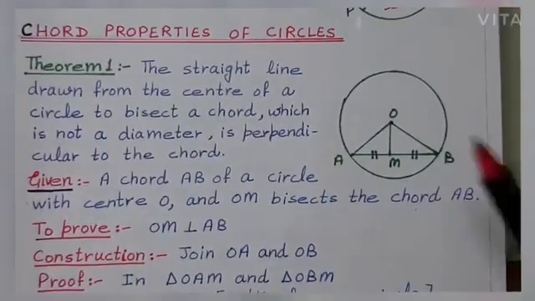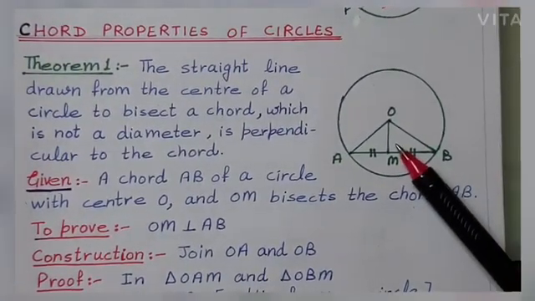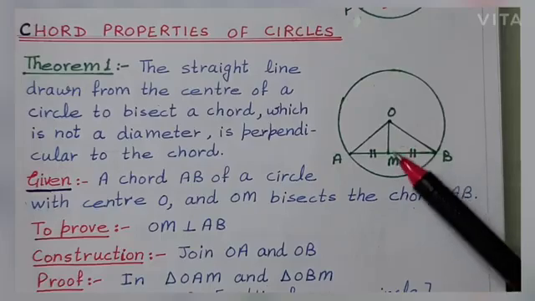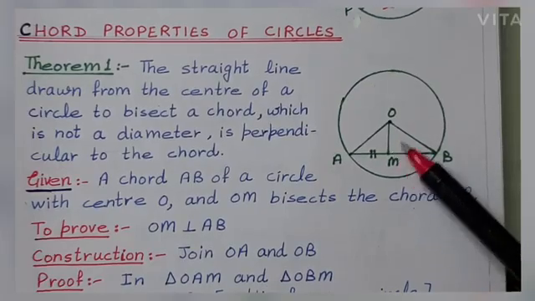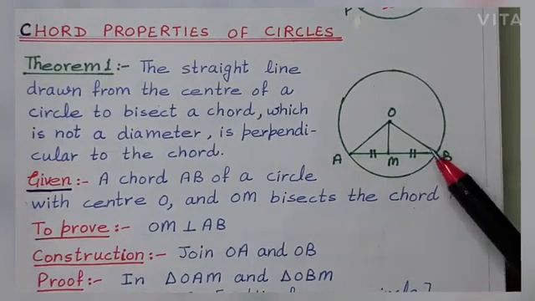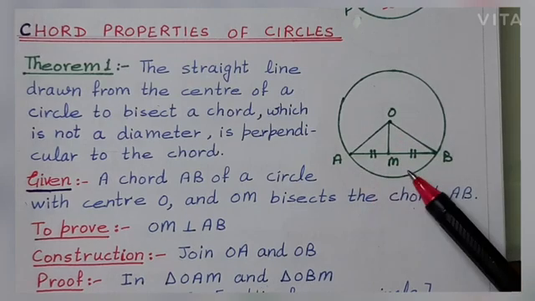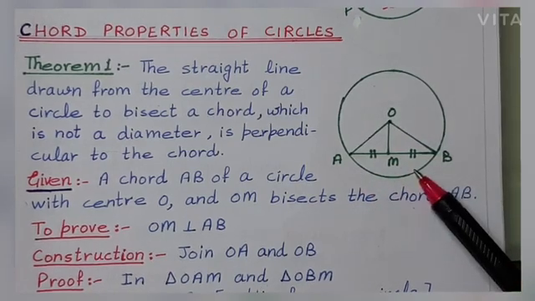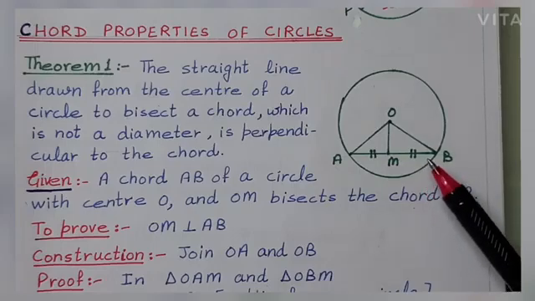Here OM is perpendicular to the chord AB from the center of the circle, and it bisects the chord into two equal parts.